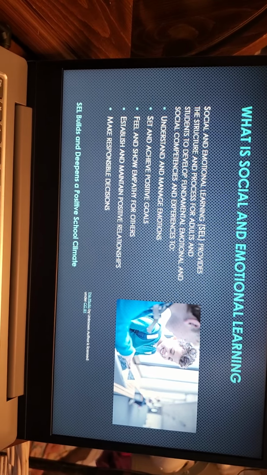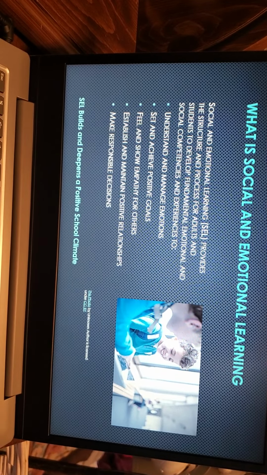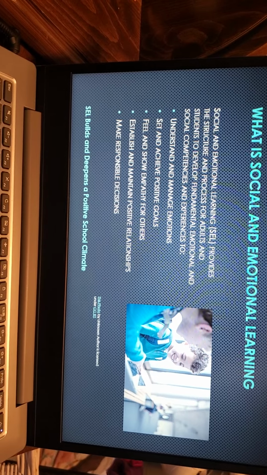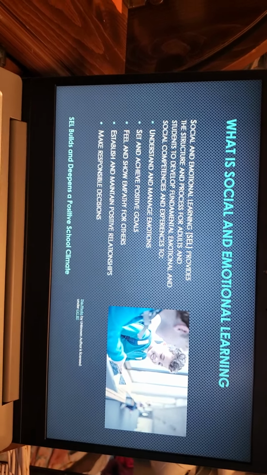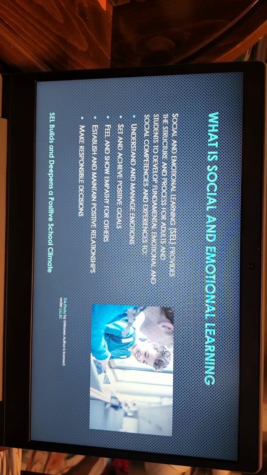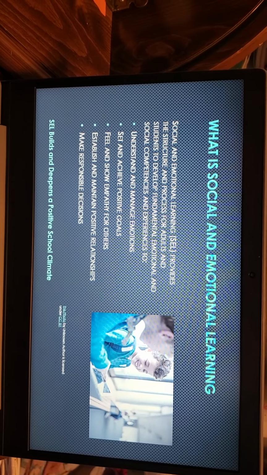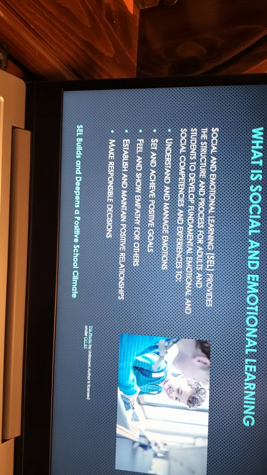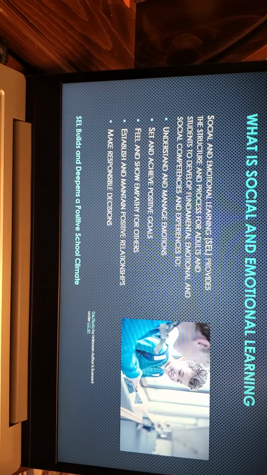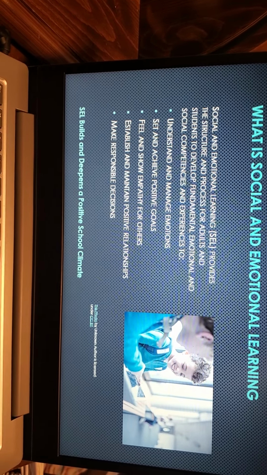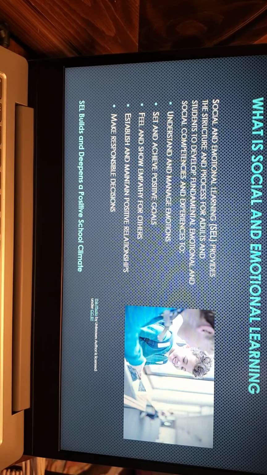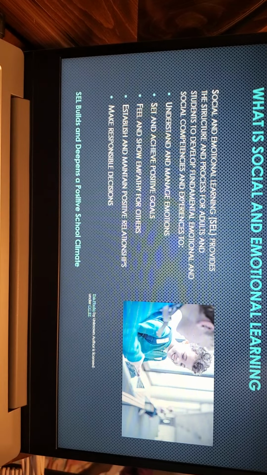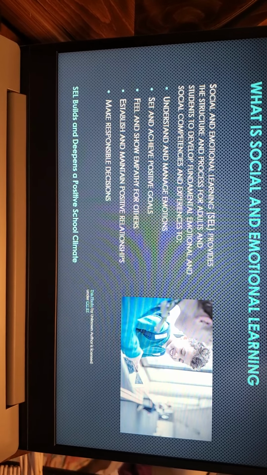It is a program that provides the structure and process for adults and students to develop fundamental emotional and social competencies and experiences that are related to understanding and managing their emotions so that they can set and achieve positive goals, feel and show empathy for others, and establish and maintain positive relationships and make responsible decisions.